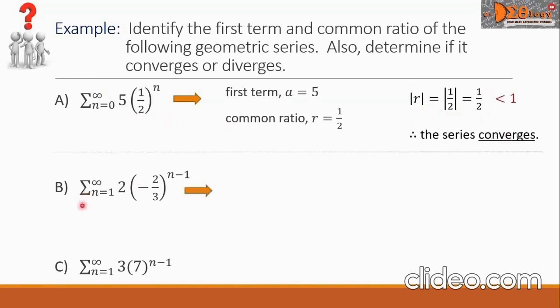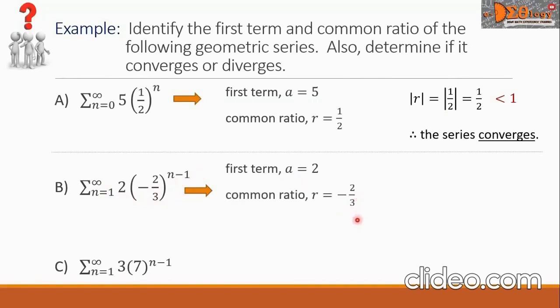Problem B, summation from n equals 1 up to infinity of 2 multiplied by the quantity negative 2/3, raised to n minus 1. The first term a is equal to 2, and the common ratio r is equal to negative 2/3.